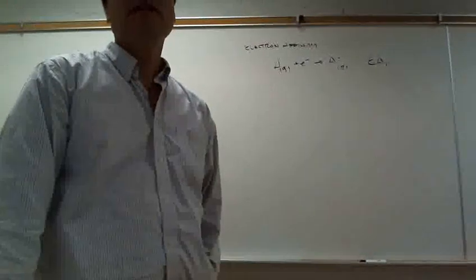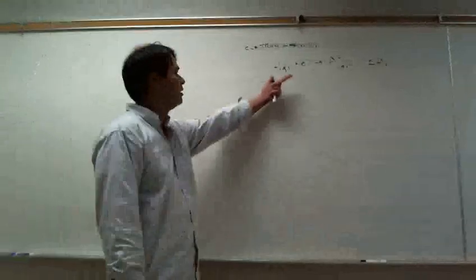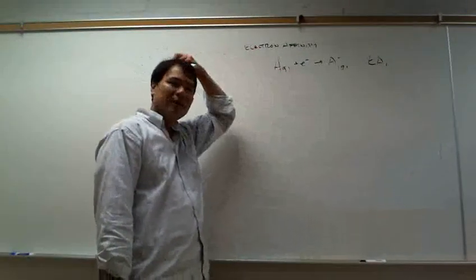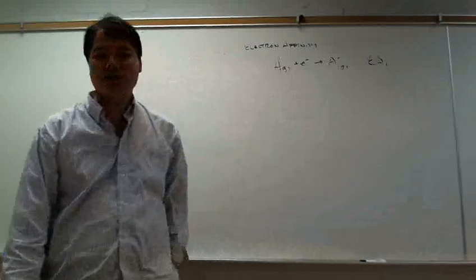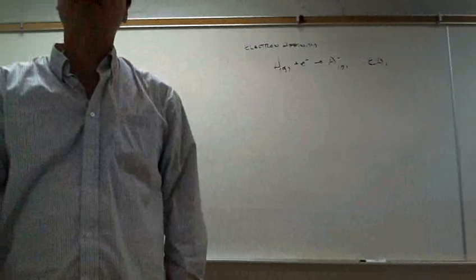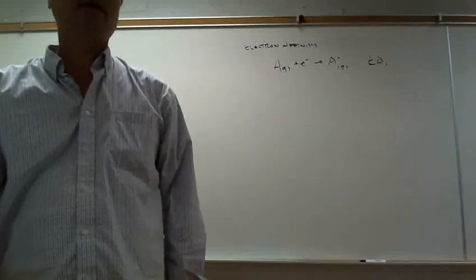If you think about affinity, affinity would be love. So which atom has the highest love for an electron? I would say fluorine. But this is one of those tricks. It turns out fluorine doesn't have the highest electron affinity. It is not helium. It's chlorine.